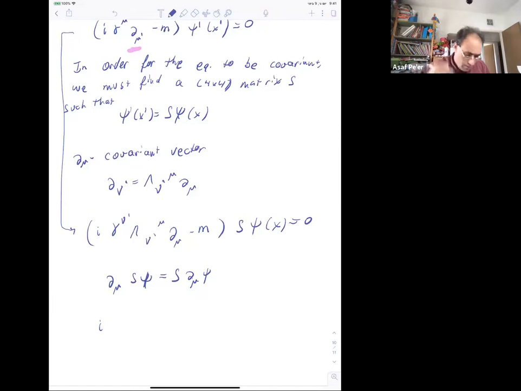So I have i gamma nu lambda nu mu S partial mu psi of x minus m S psi of x is equal to 0.